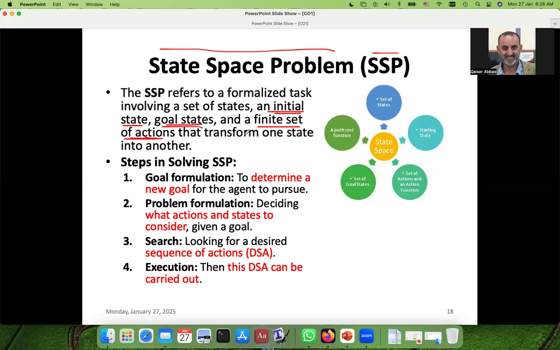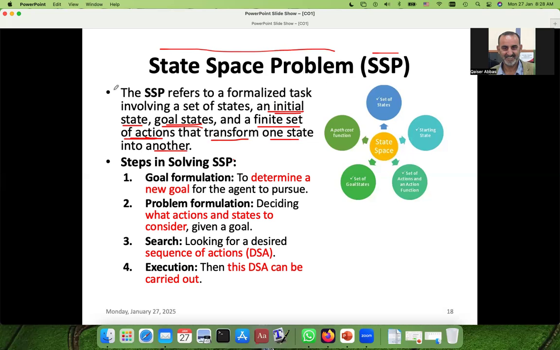So there is a transition function: you will have actions and these actions will make you able to transform from one state to another state. If you have a problem like this, which has these different kinds of entities, then this is called state space problem.